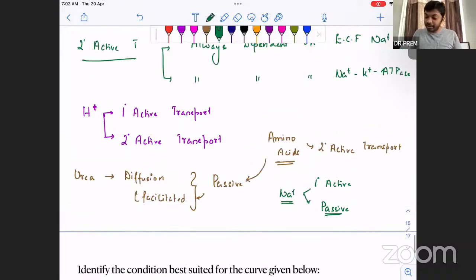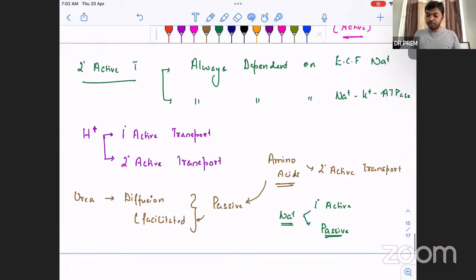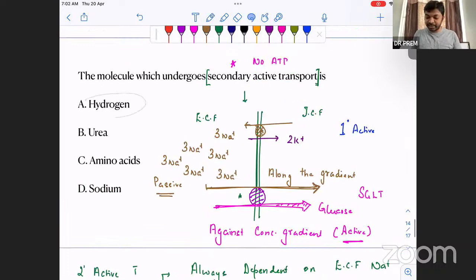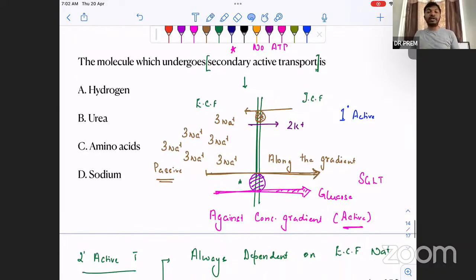So the question is between just two molecules, whether this is hydrogen or amino acids. Most of the time, hydrogen is transported by secondary active transport. Only in very, very rare instances are amino acids transported by secondary active transport. Hence, the best answer for this question is going to be hydrogen.